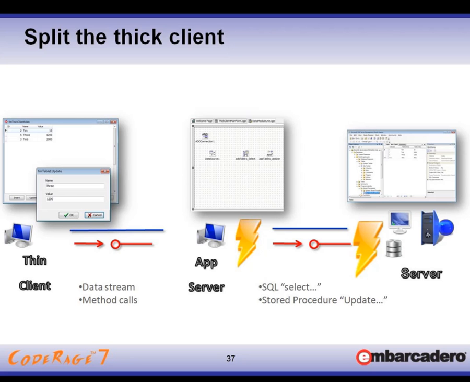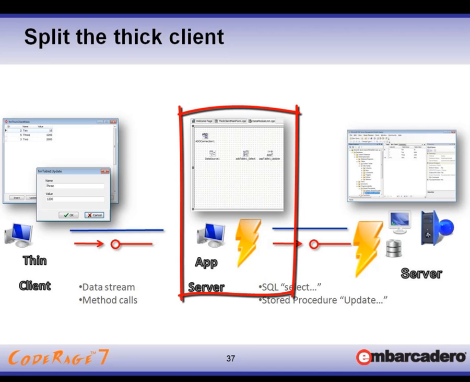We'll take the same application, then grab the data module and place it in the application server, which will be a new project. We'll make a new DataSnap server and use the data module source in it.